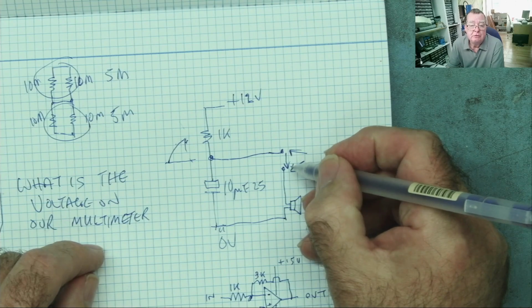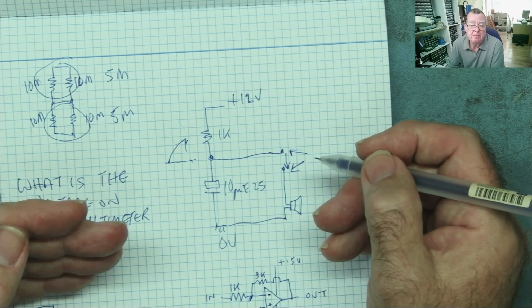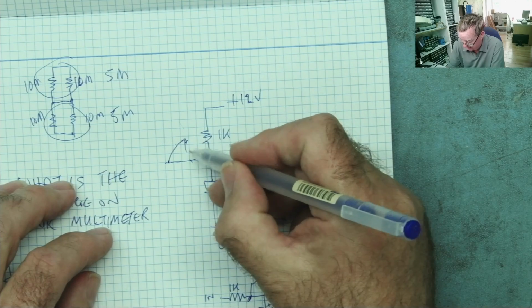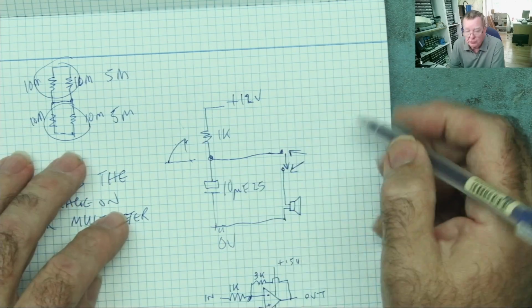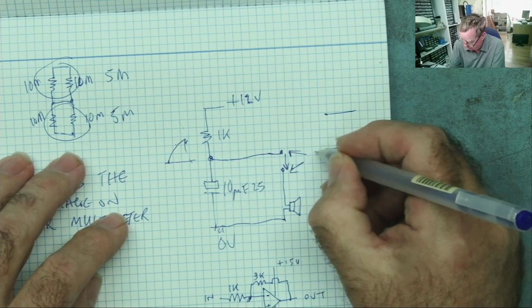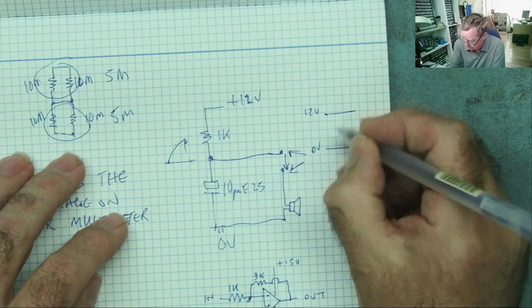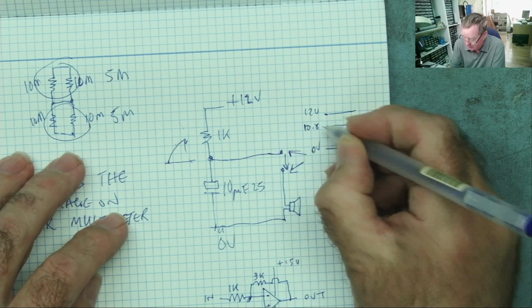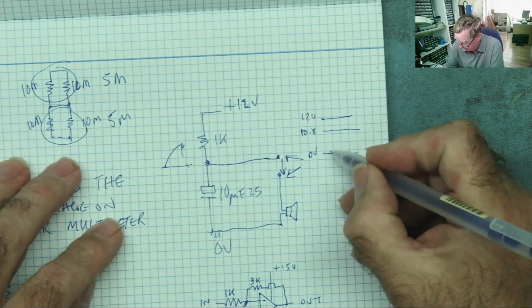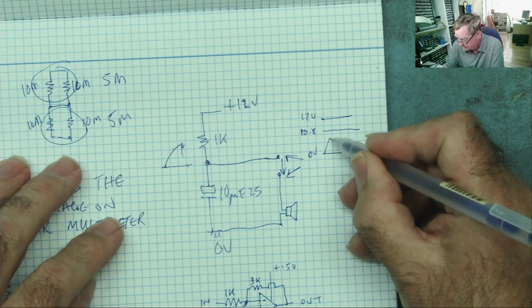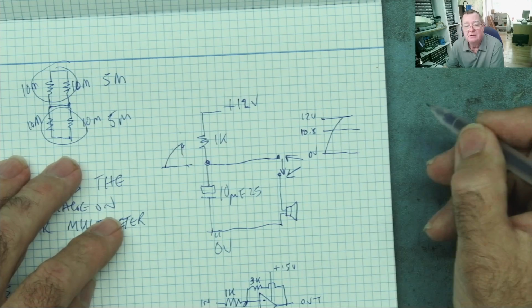When the voltage across here drops to a certain amount, then this will stop conducting and the capacitor can charge up again. Okay. And you just saw in my circuit that 0 volts, 12 volts, and about 10.8, I think it was.